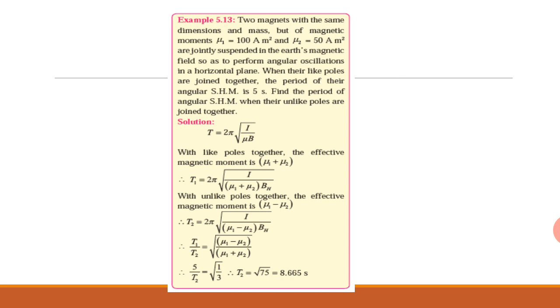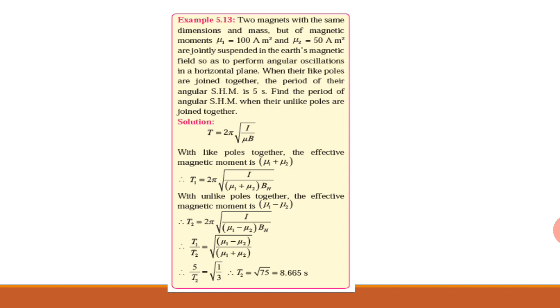Now T is given. With like poles together, the effective magnetic moment is the sum of both, so instead of simply writing mu, we will write mu1 plus mu2. With the unlike poles together, it will be mu1 minus mu2.